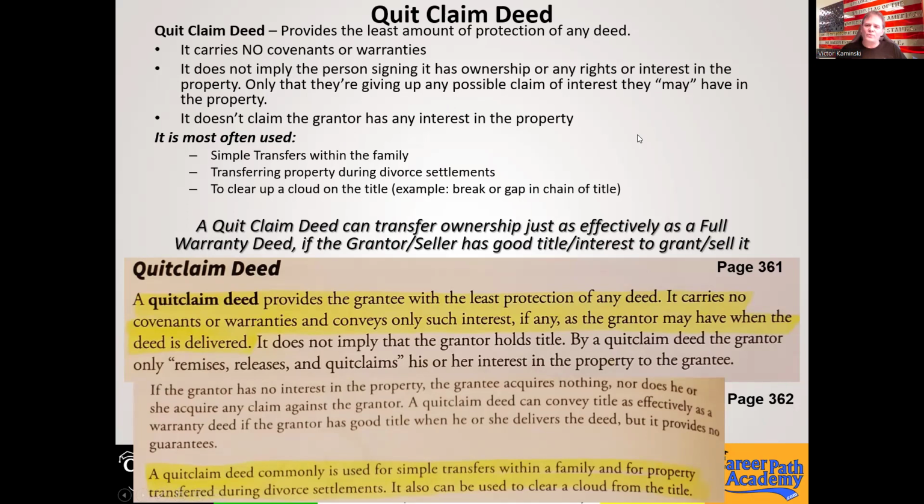Therefore, if you get ownership by somebody signing a quitclaim deed, if there are ever any liens, encumbrances, or anything on the property, you have no further recourse, because they didn't make any claims to begin with. They just agreed to quit any claim to ownership of the property that they have, without saying that they even have any. Kind of wacky, isn't it?